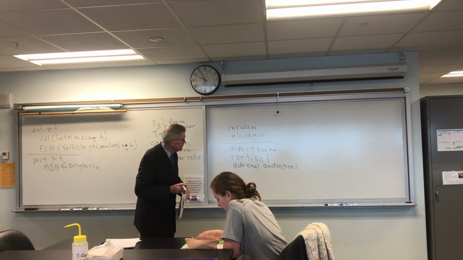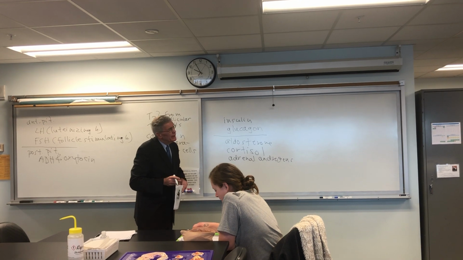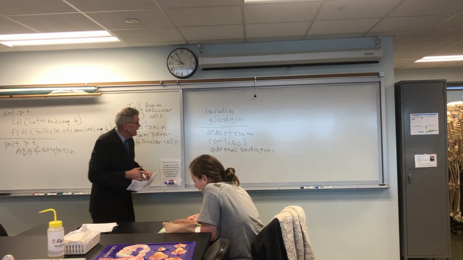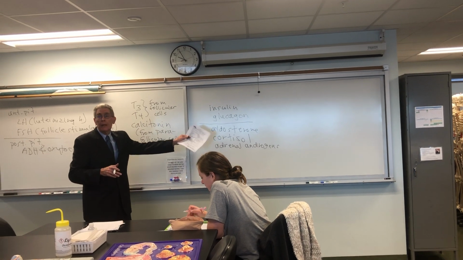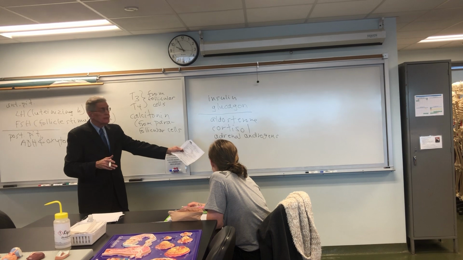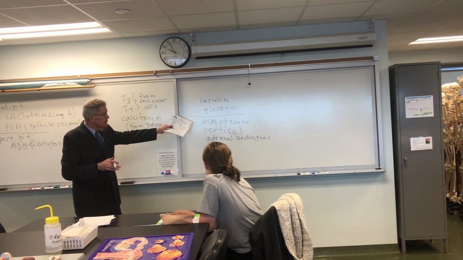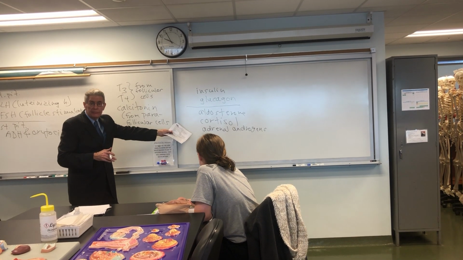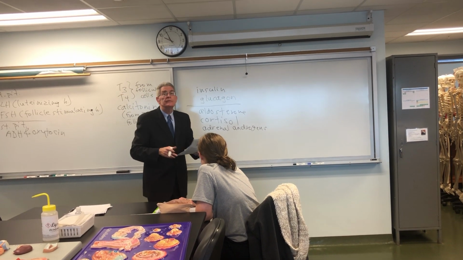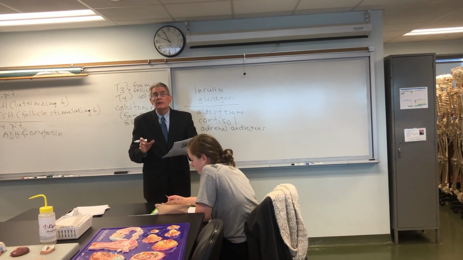Dehydroepiandrosterone, let's see what else? Androstenedione, but again, collectively the adrenal androgens. And they all come from separate layers. Remember the three distinct tissue layers on the adrenal cortex, each layer. This comes from one layer, from another, and from yet another here. So that's the adrenal cortex, which surrounds the adrenal medulla.